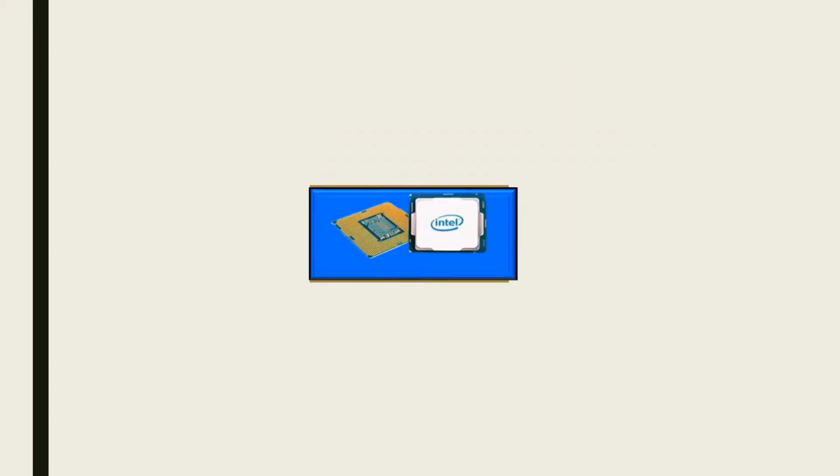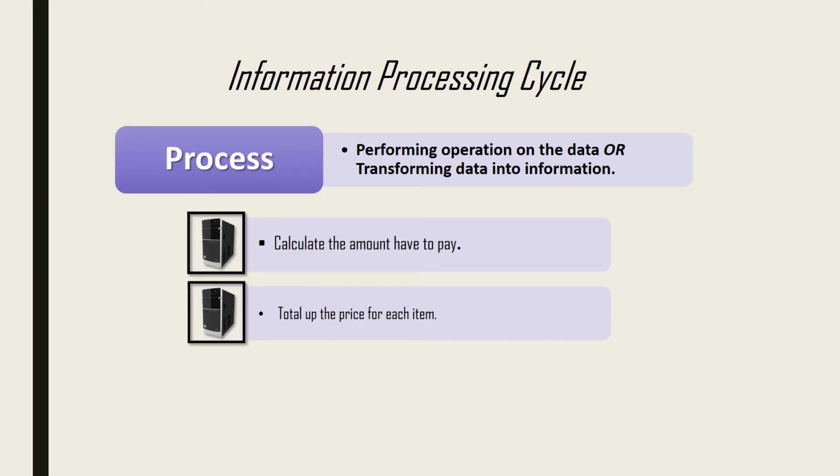Now, let's detail out what process is. Just now, we know that the number of items purchased and the amount received are entered electronically. So, what will happen after all the data are entered?